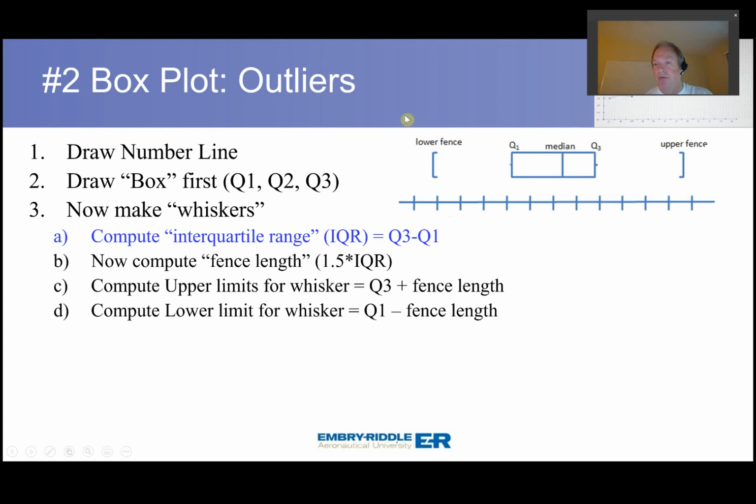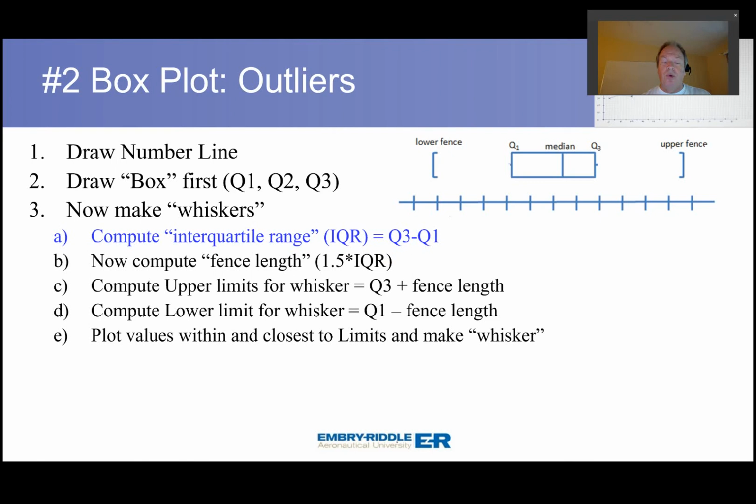So the upper fence length and the lower fence length are kind of like the boundaries for the outliers. It says that if a data point goes more than 1.5 times the box length outside the box, it'll be considered an outlier. And similarly, this is the lower fence length, 1.5 times the box length below the first quartile. And this is going to be the boundary for lower outliers.